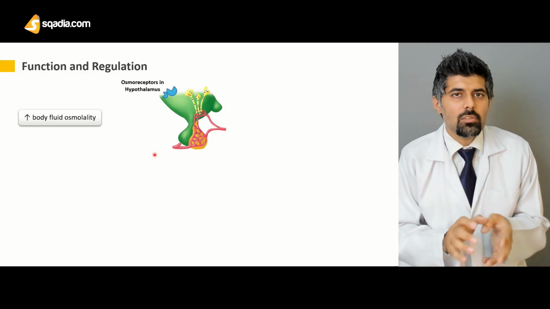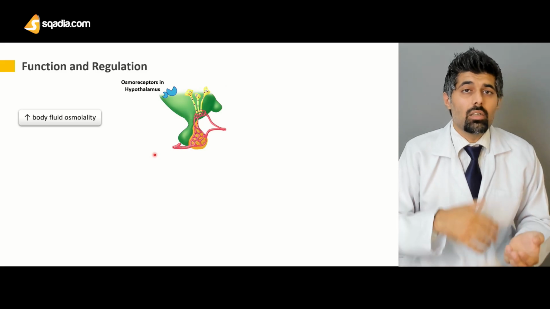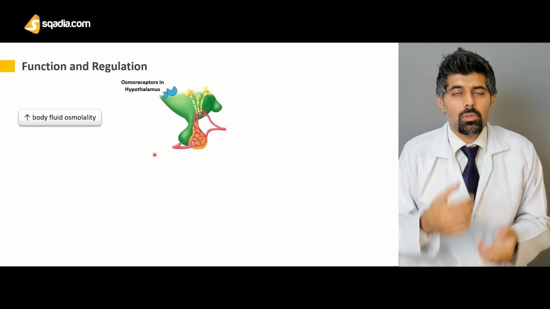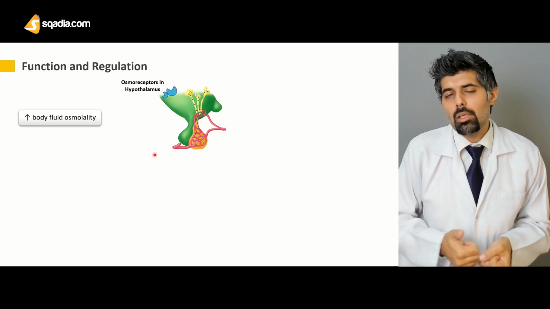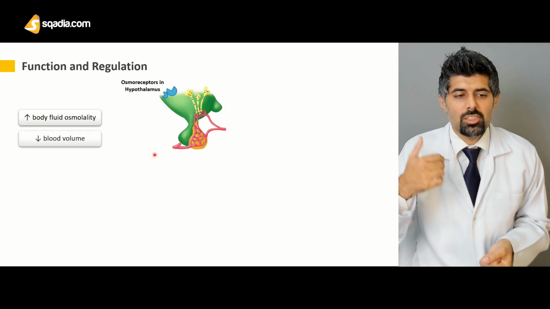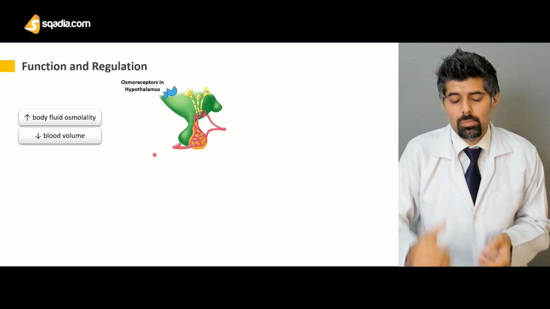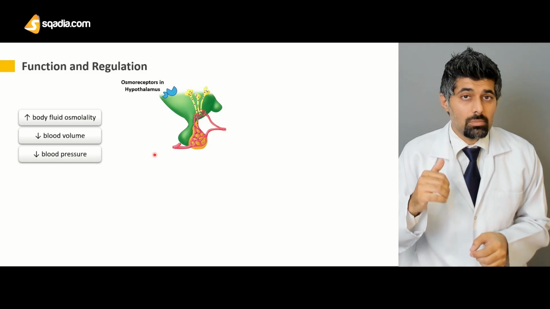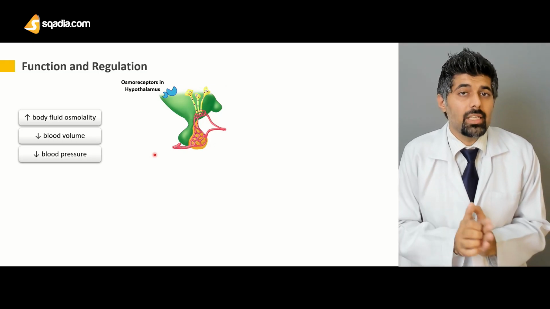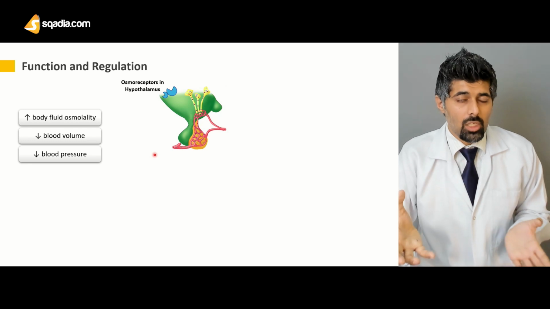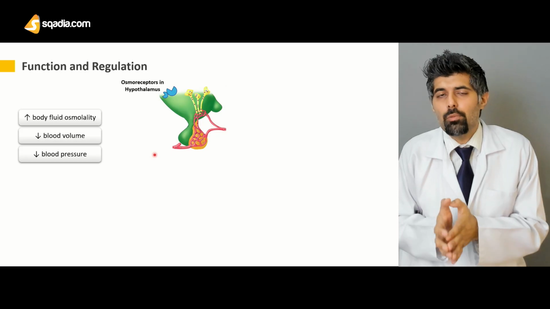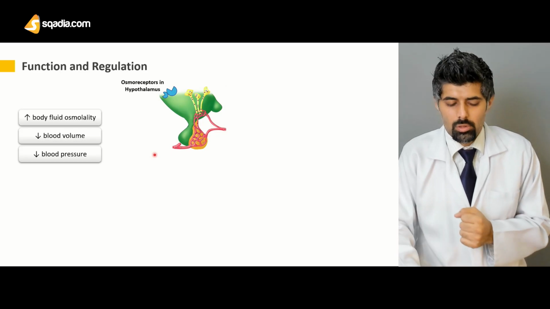Now the factors which might trigger the release of ADH: there can be increased body fluid osmolarity, decreased blood volume, decreased blood pressure, or more importantly the cardiac blood pressure. So some kind of hypertension is going on.